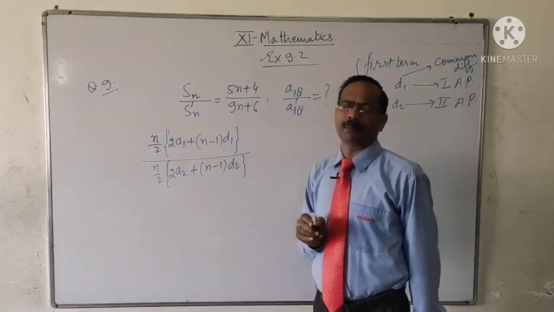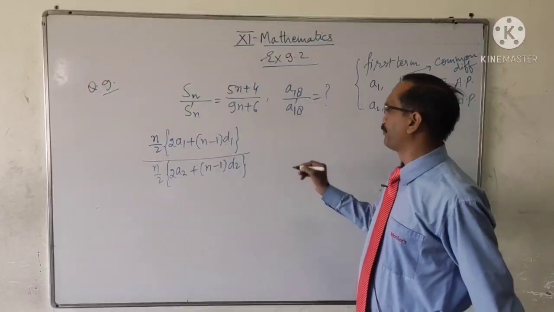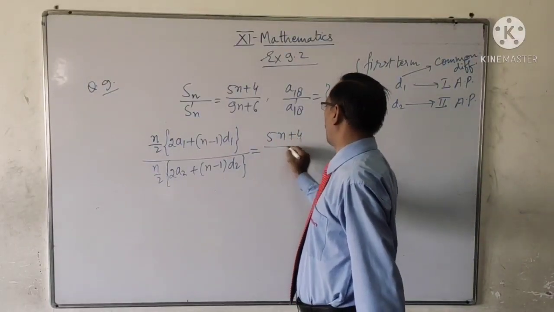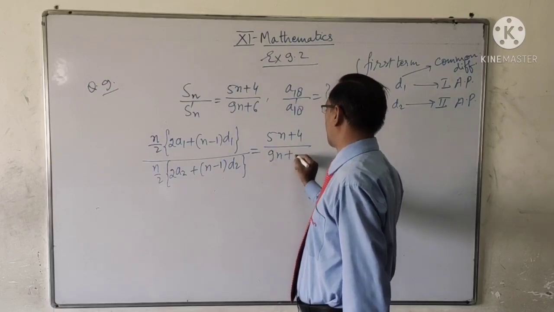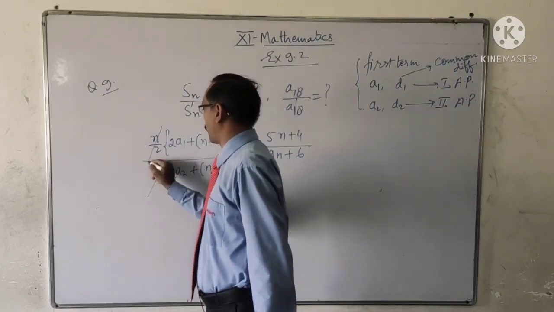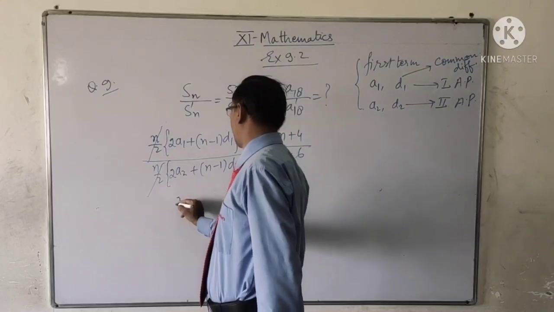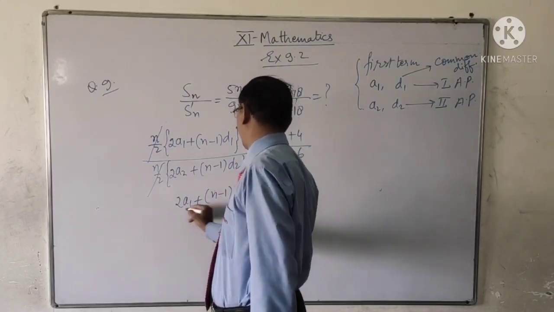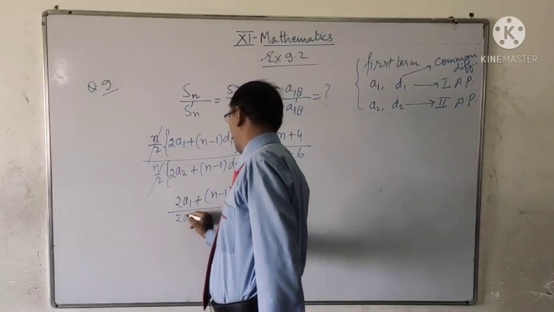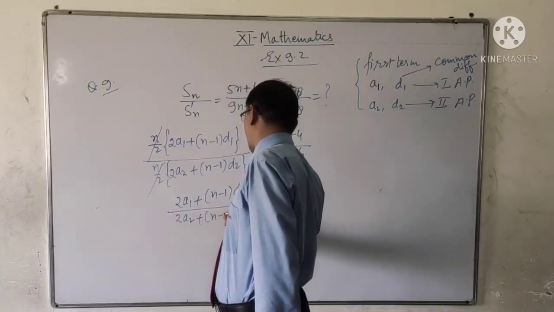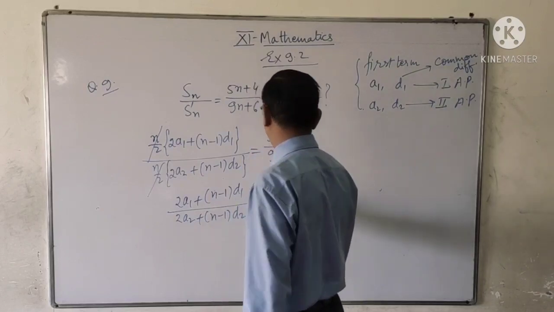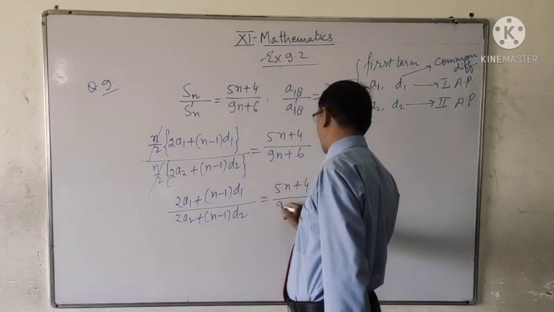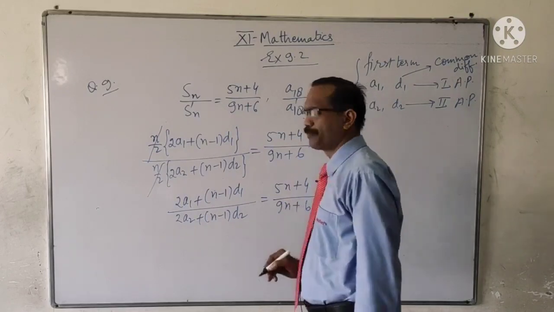The number of terms in both APs is the same. It is 5n plus 4 upon 9n plus 6. Here n by 2 cancels out. Then 2a1 plus (n minus 1) into d1 upon 2a2 plus (n minus 1) into d2 equal to 5n plus 4 upon 9n plus 6.